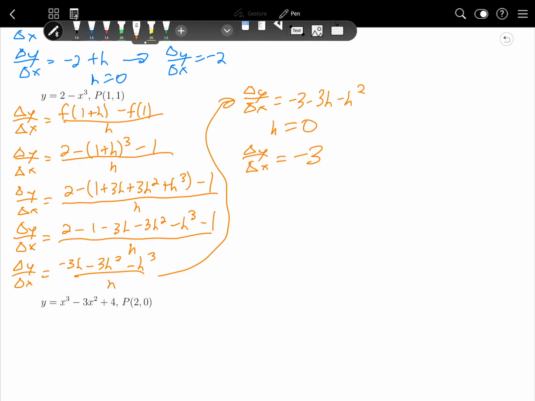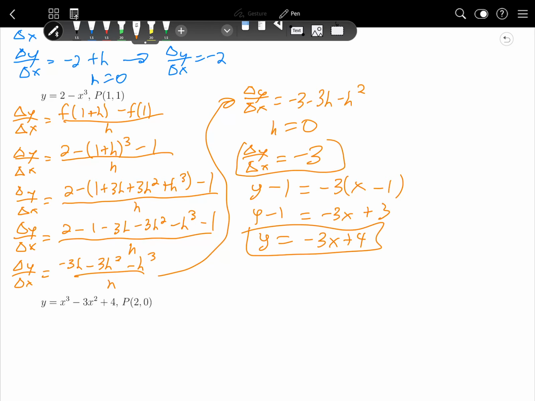So the slope of our line is negative 3, and so we plug that into the point slope form. So y minus 1 equals negative 3 times x minus 1. So y minus 1 equals negative 3x plus 3, and then add 1 to both sides, so you get y equals negative 3x plus 4. Okay. And so that's what we're looking for.